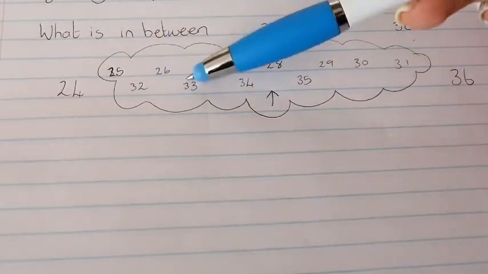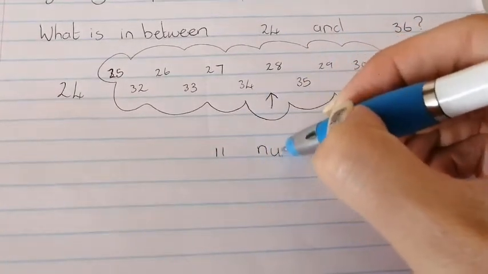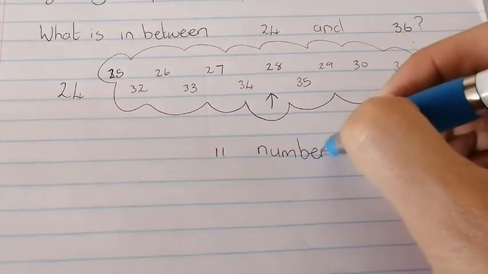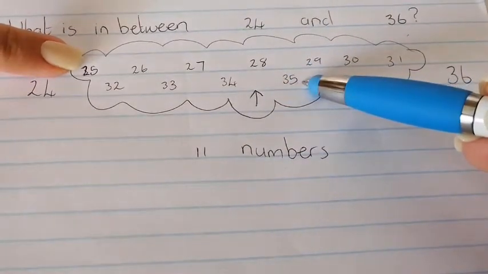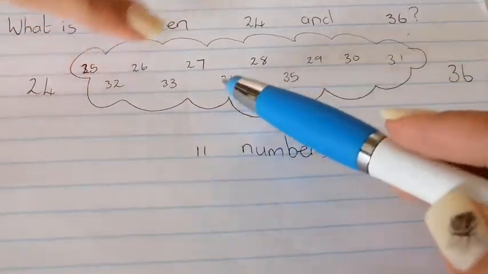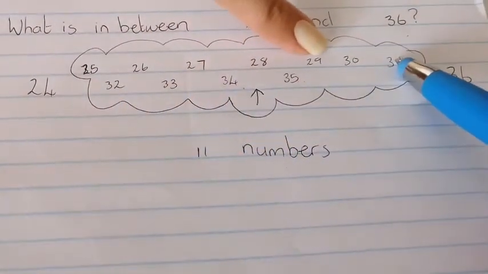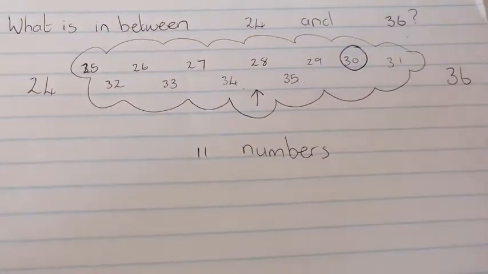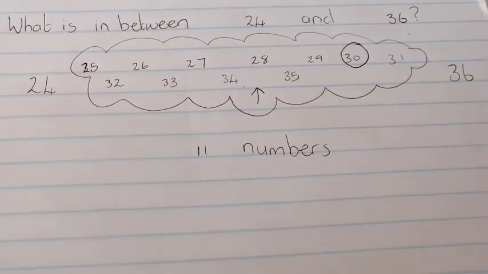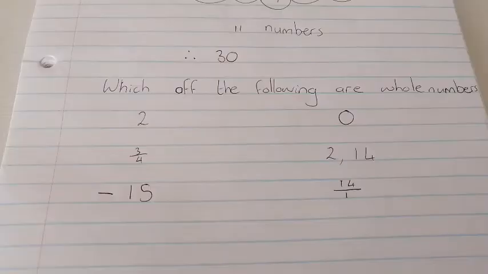In between, I wrote down all the numbers that are in between 24 and 36. I counted the numbers. There's 11 numbers between 24 and 36. Now, moving from the outside in, I am going to check what number is exactly in the middle, and that is 30. So if you get the question, what is in between 24 and 36? That would be 30, exactly in the middle of those two numbers.